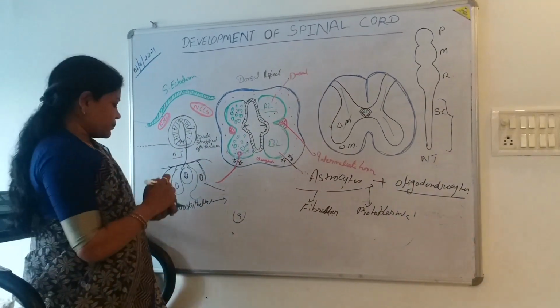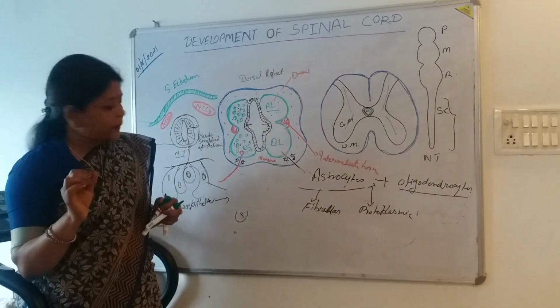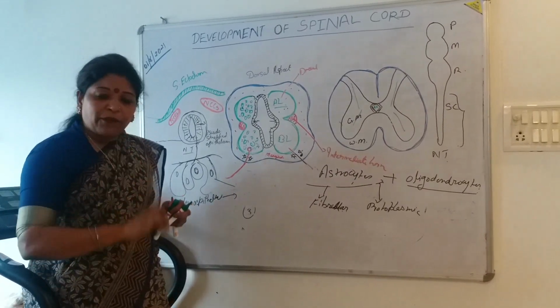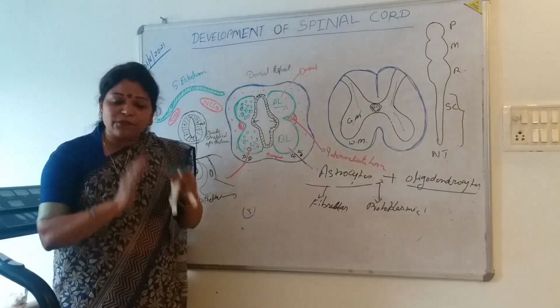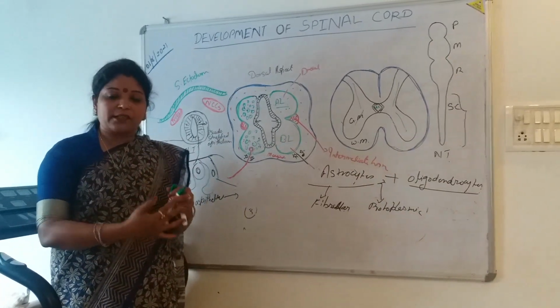Okay, so priority wise, first of all, the neuroepithelial cell has the priority to form the neuroblast cells. Once the neuroblast cells have been formed, later it forms what? The spongioblasts, the secondary supporting cells.